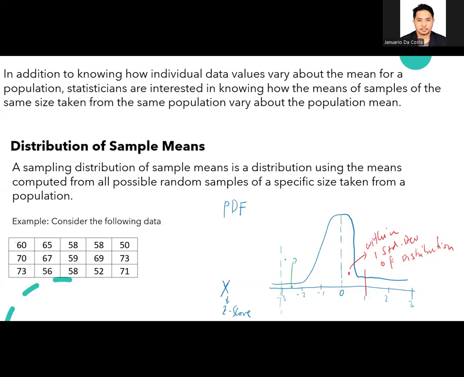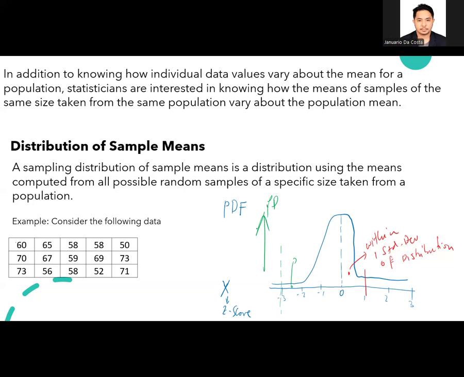So that's what this means. Z-score: you can convert any value into a z-score, with the y-axis being your probability density function, your probability density.